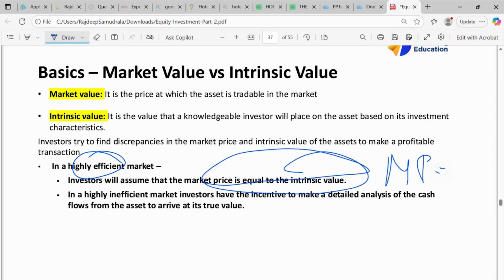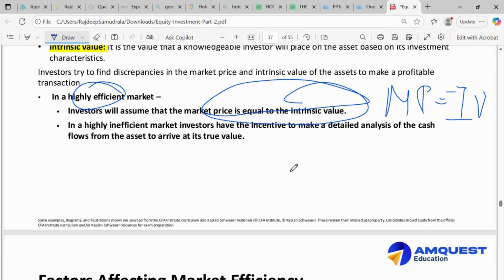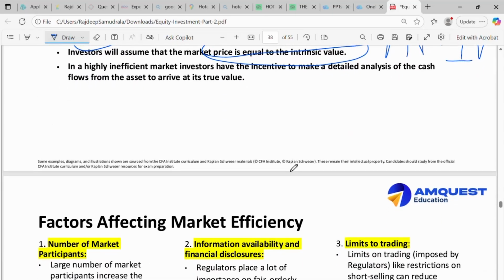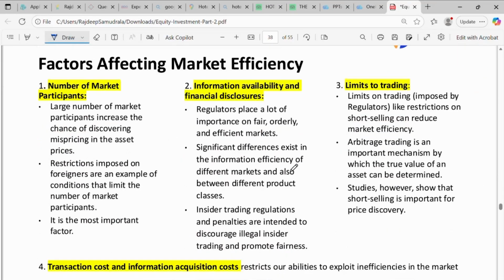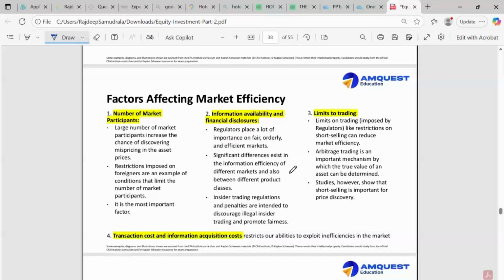So you'll notice the market price is exactly equal to intrinsic value because there's just no scope for making extra profit or loss. Clear? So that's an indication that the market is efficient when the market price is equal to the intrinsic value. Now, let's understand how does market efficiency really come?